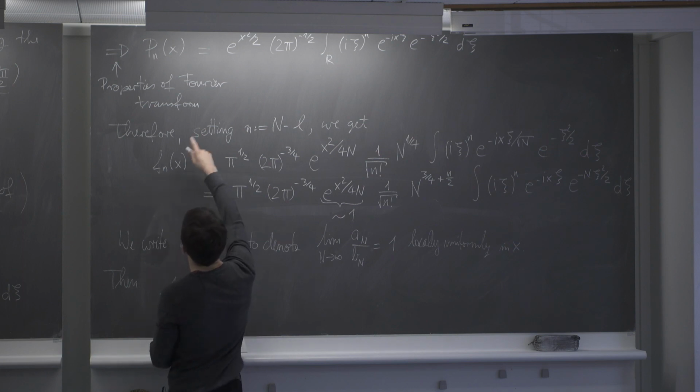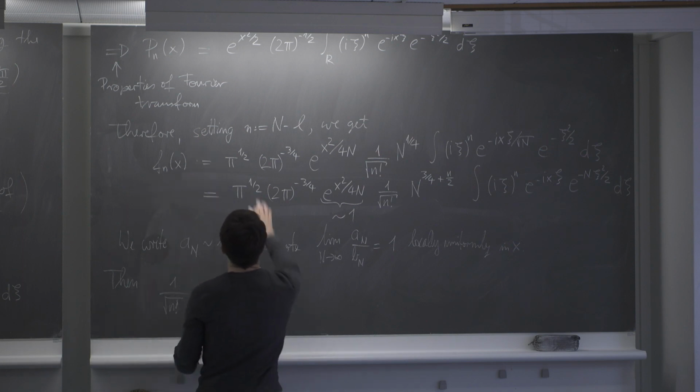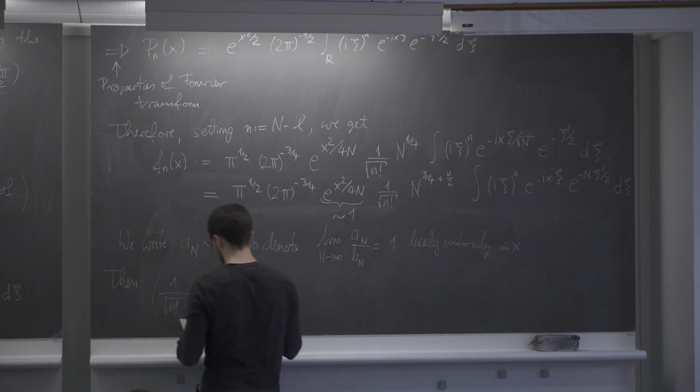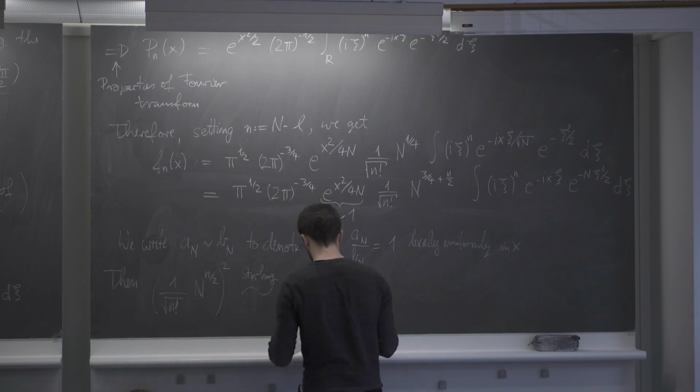So recall that the little n is n minus L, and I can also multiply it with this other n power, so there we will get some reasonably treatable formula. So I use the Stirling approximation for the factorial here to get the following.